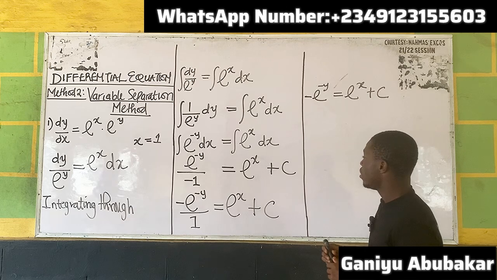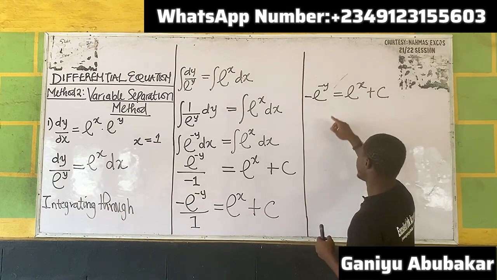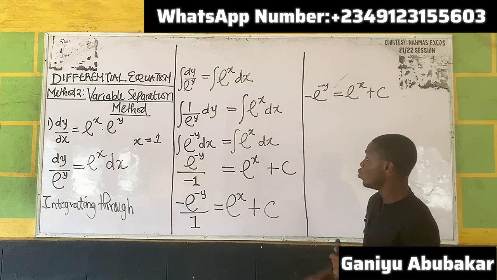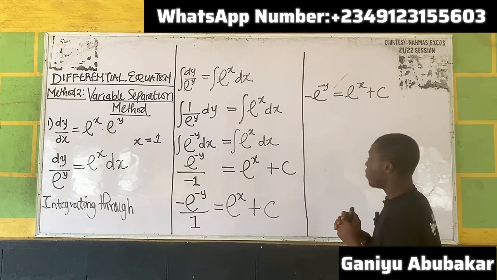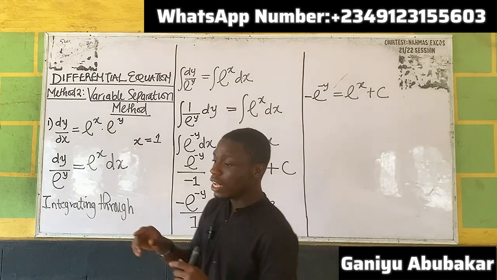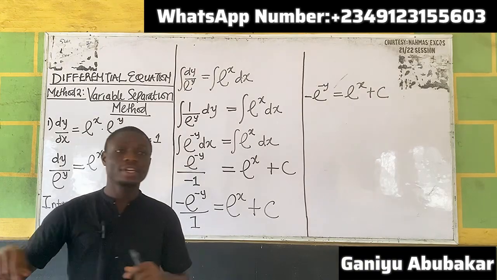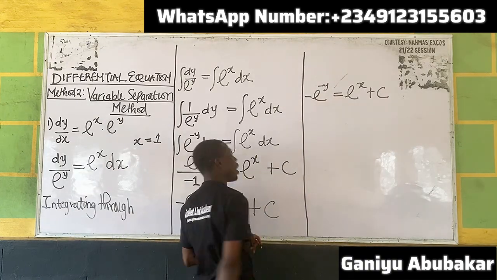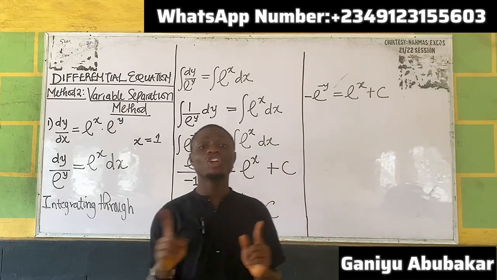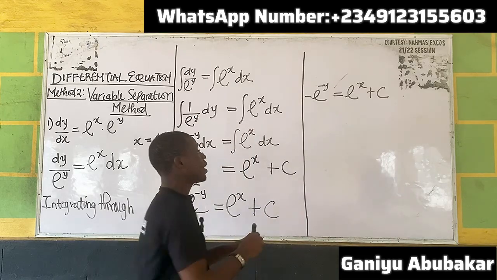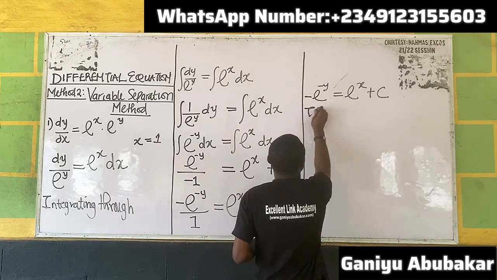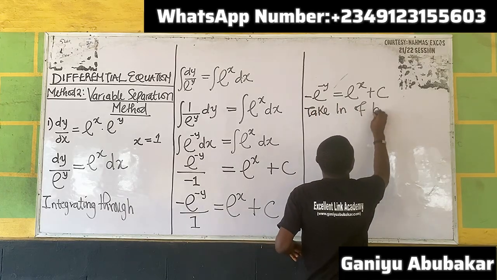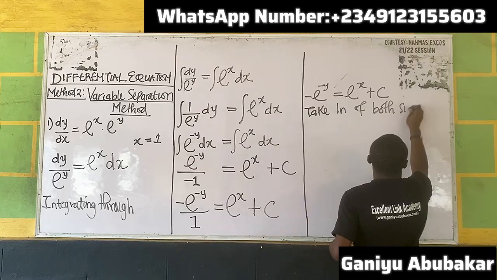All right. So my task here is to make y the subject of the formula. So what do you think we'll do here? It's easy: first things first, I want to bring this y in front of this. So I'll apply the idea of taking log or taking ln. I'll take the ln of both sides.